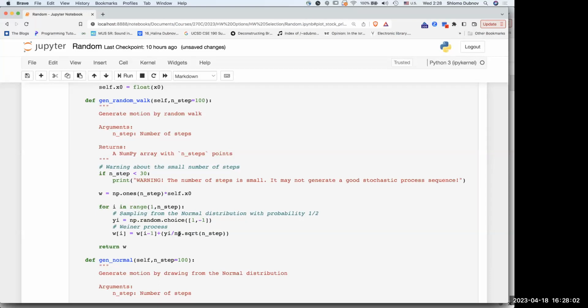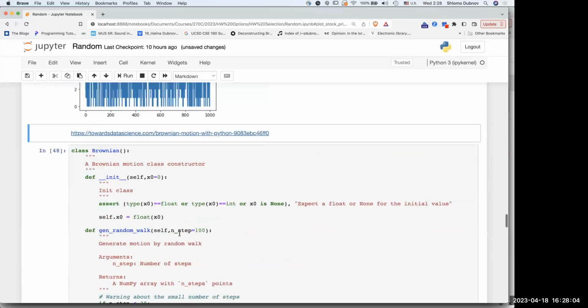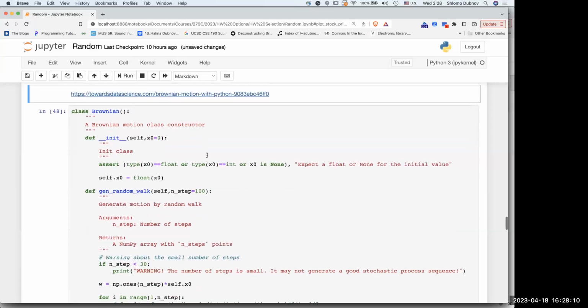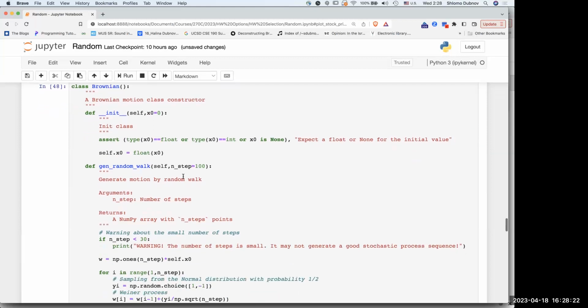Actually, I took this sample from an article on Towards Data Science, so I will put this notebook in the slides folder, so you can go through that.